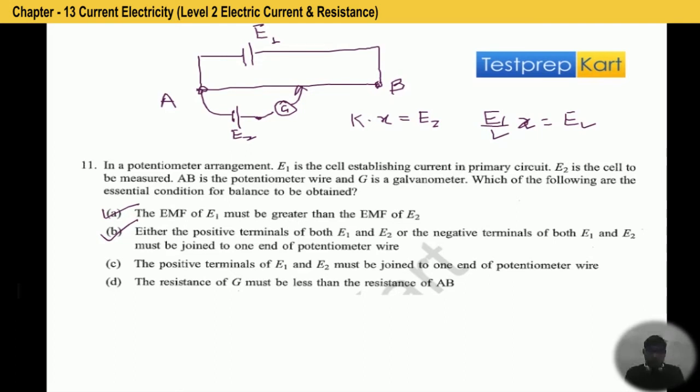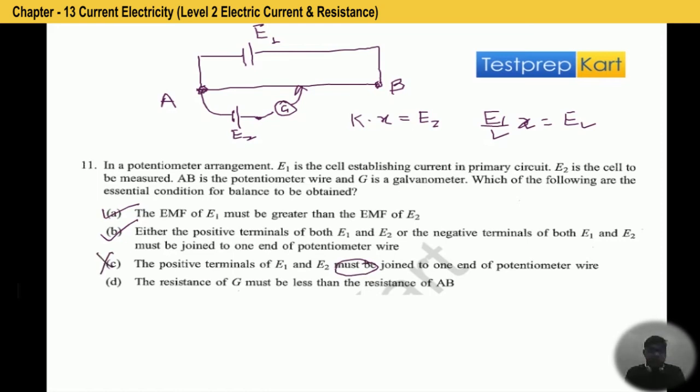It is again saying the same statement. No, it is not necessary. Like in this case you can see the positive terminals are not joined at a similar end. Here we are getting the negative terminal. Although we can get the same measurement by connecting the positive terminal at the same point, saying it must be joined is not always true.